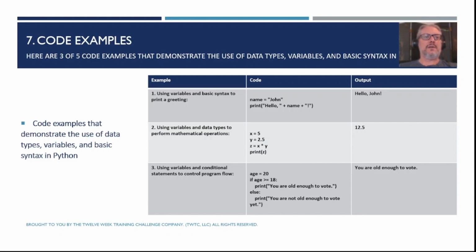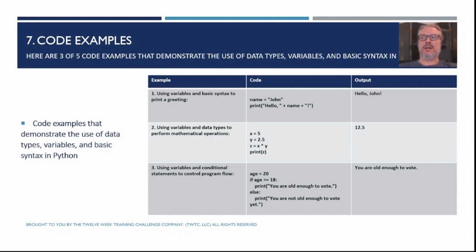Number 1, using variables and basic syntax to print a greeting. The variable is name, lowercase, equals, the value is John, and we put it in quotes, which is a string. And we're saying print, quote, hello, comma, space, and then another quote.